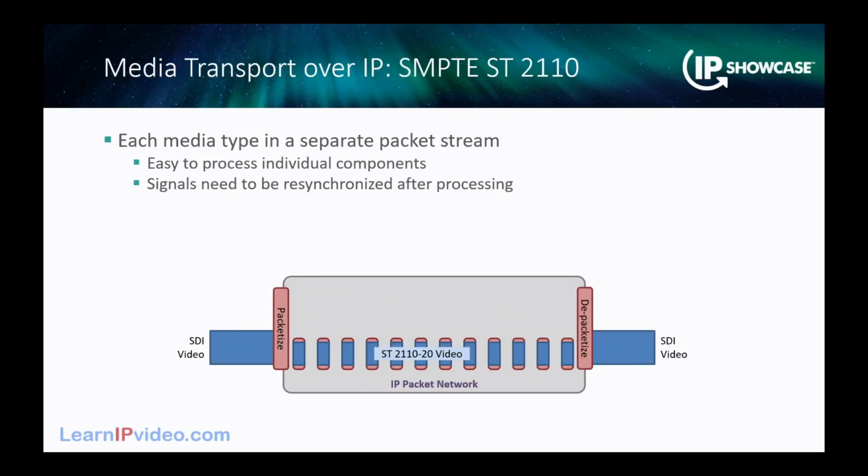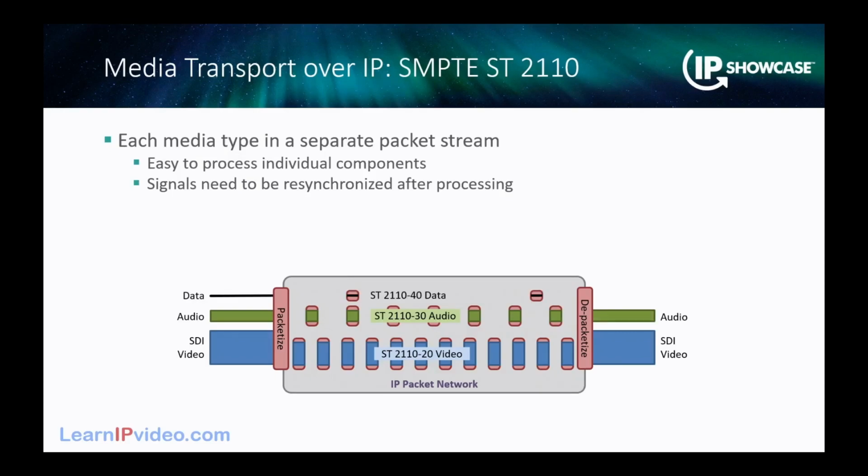At the far end, we can depacketize that and get our SDI video back. Just the video. No ancillary data, no audio data, just the video, pixels only. The audio goes in. That's a separate packet stream. And again, we can get those audio packets back out at the far end. Metadata, again, a separate packet stream, ST 2110-40 for that.